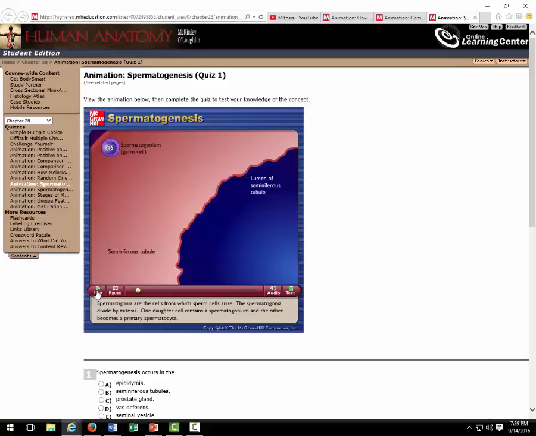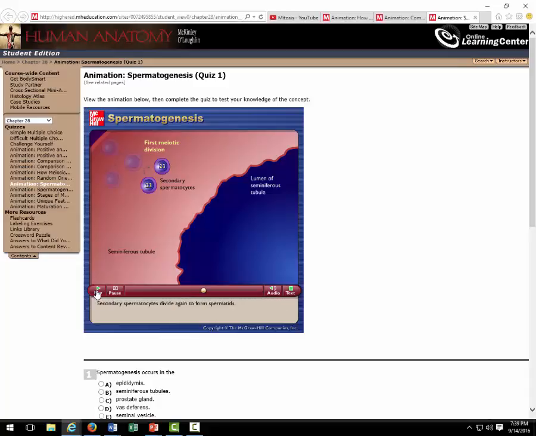Spermatogonia are the cells from which sperm cells arise. The spermatogonia divide by mitosis. One daughter cell remains a spermatogonium, and the other becomes a primary spermatocyte. The primary spermatocyte divides by meiosis to form secondary spermatocytes.